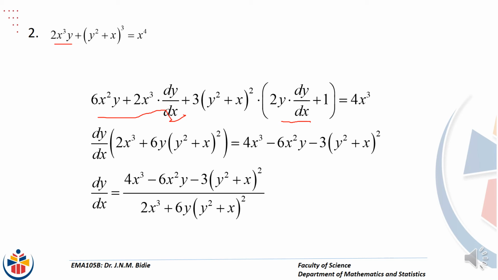All of this equal to the derivative of x to the power 4, which is 4x cubed. Rearrange all the terms and make dy over dx the subject. So please check my use of brackets, check my signs, and see whether there are no mistakes.